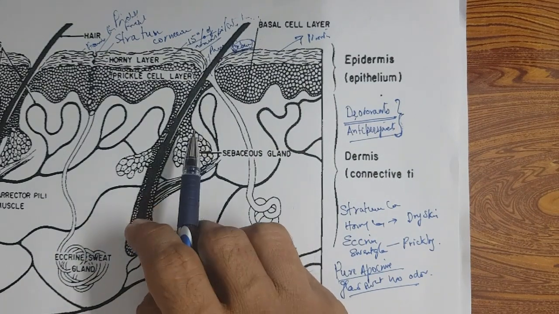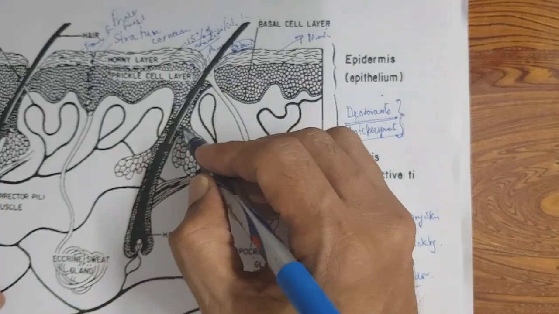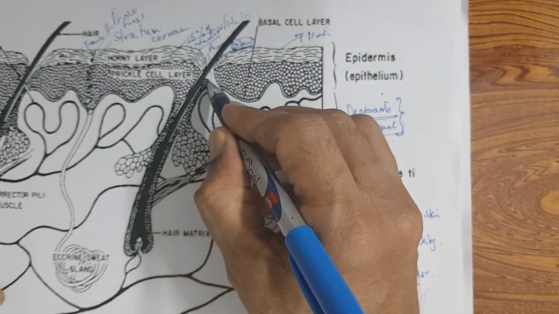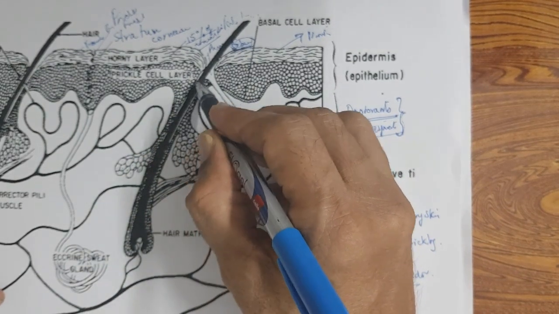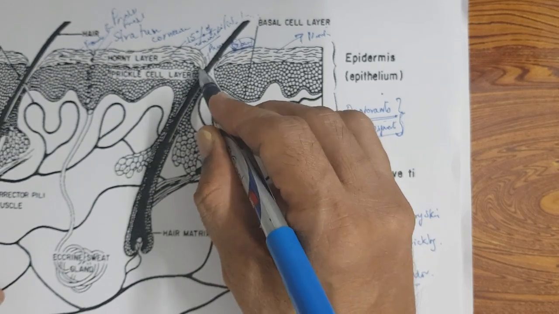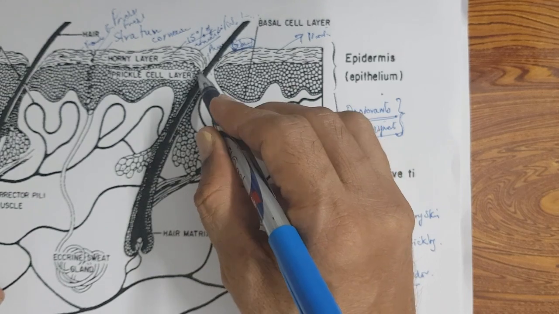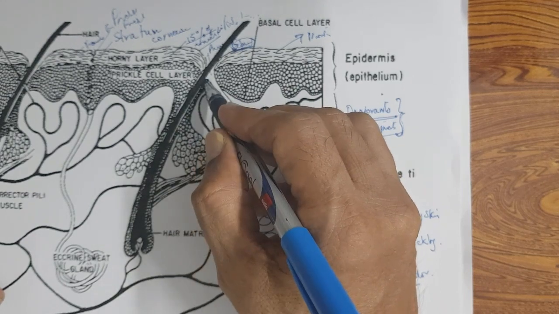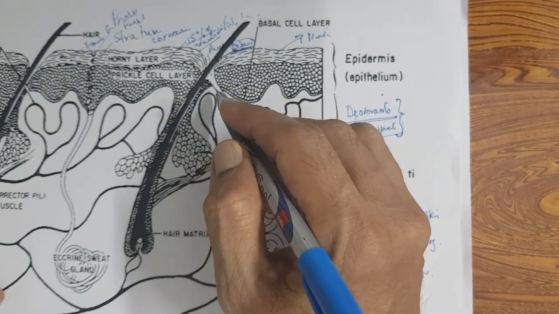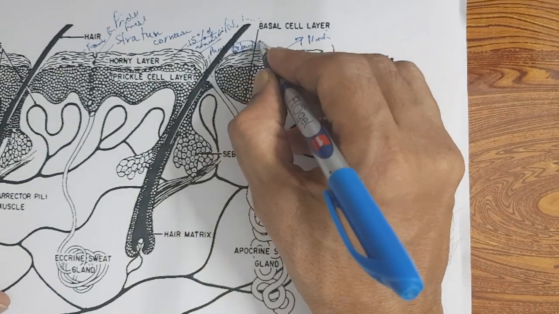Sometimes during hormonal changes, the sebaceous duct gets blocked by keratin plugs. When the sebaceous duct gets blocked, sebum gets entrapped inside and you get acne.